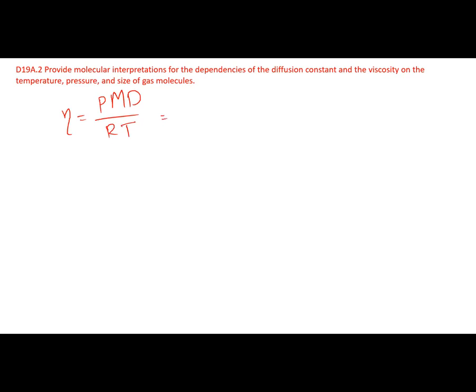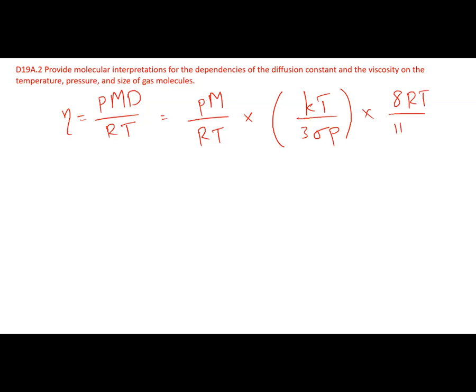From the previous equation where we derived an expression for the diffusion coefficient D, I'm going to replace this D by that. So it becomes Pm over RT times kT over 3 sigma P times 8RT over pi m, power half.